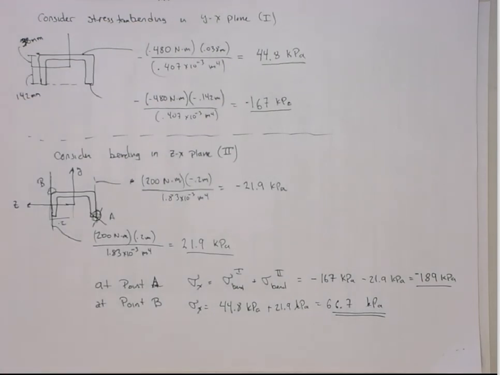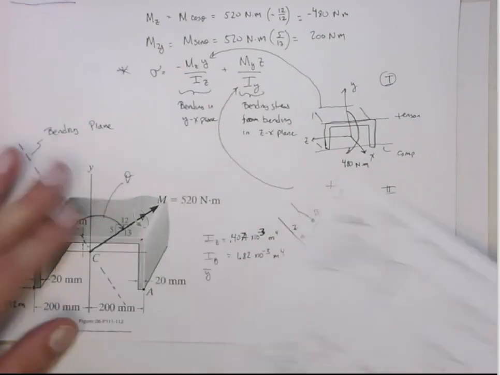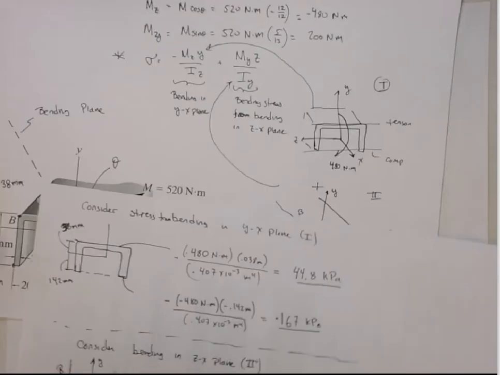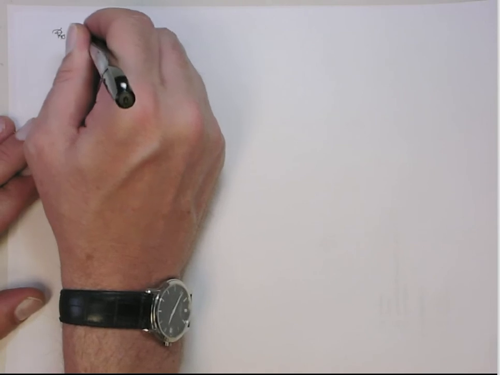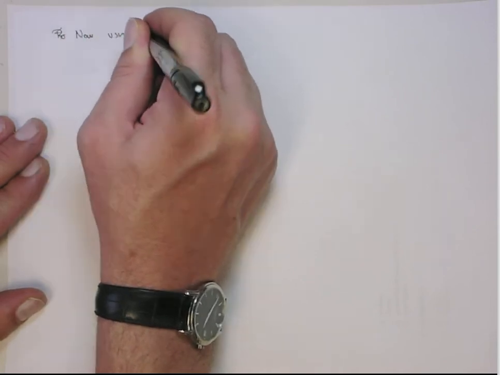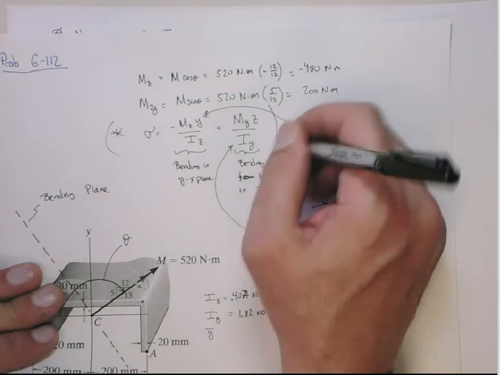Okay. Now let me do it by directly applying this formula. Now that you kind of see where that comes about, if we want to get it at point A, let's first consider point A, using equation star, where this is equation star.